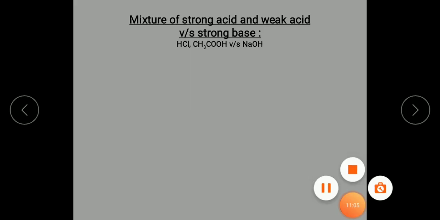As the strong acid like HCl is titrated against the strong base NaOH, as we already saw, the conductance first decreases due to the displacement of fast moving H plus ions by slow moving Na plus ions.